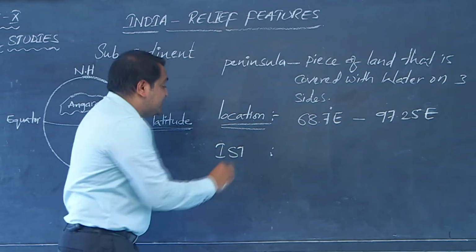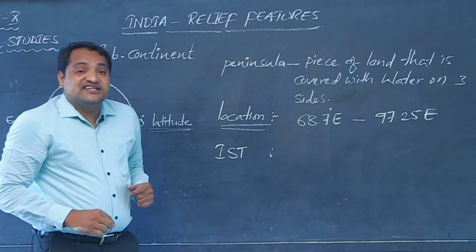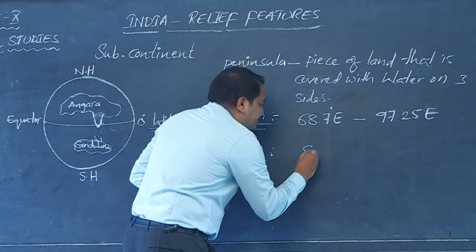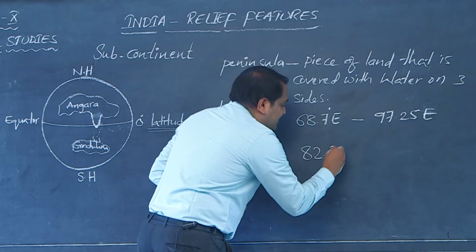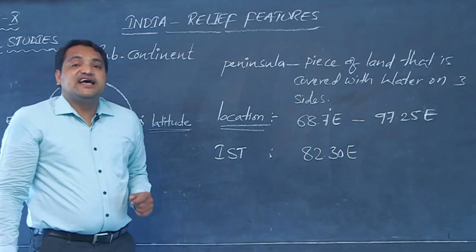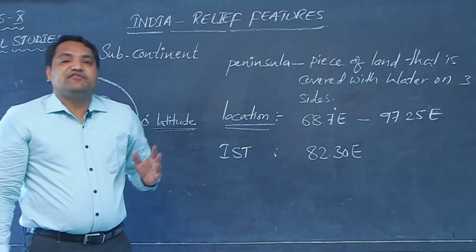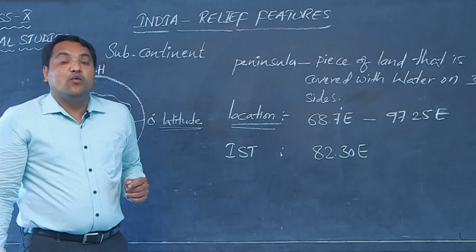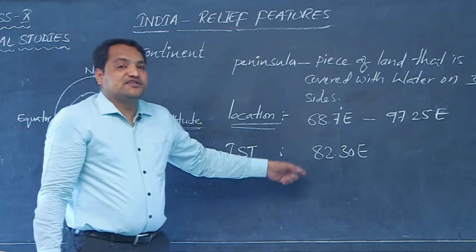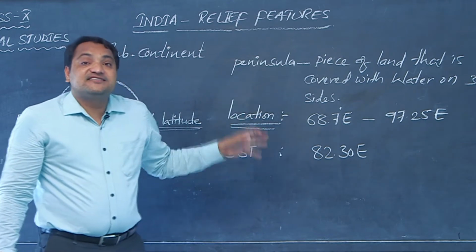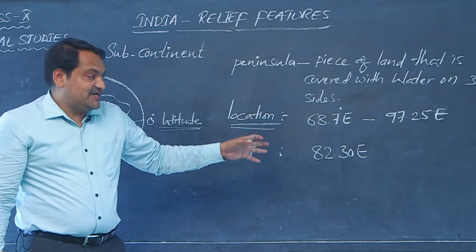Which longitude is called the Indian Standard Time longitude? The answer is 82 degrees 30 minutes eastern longitude, which is considered the meridian of India. We call it the meridian of India because we take this longitude as the standard time of our country.